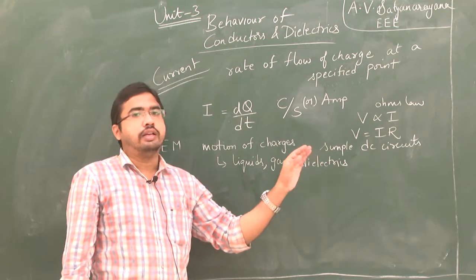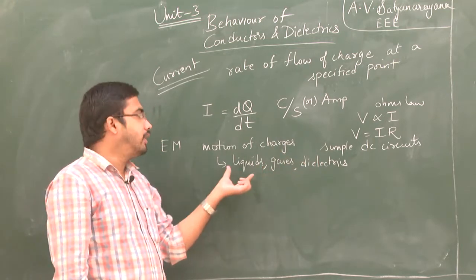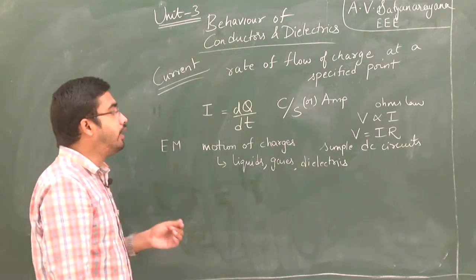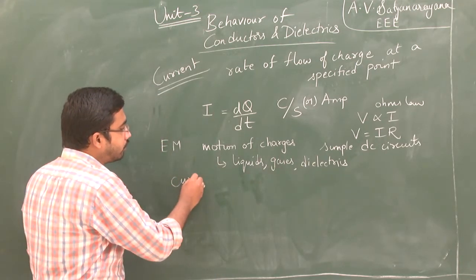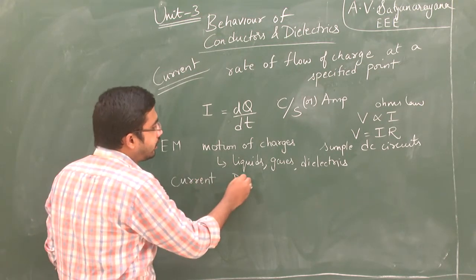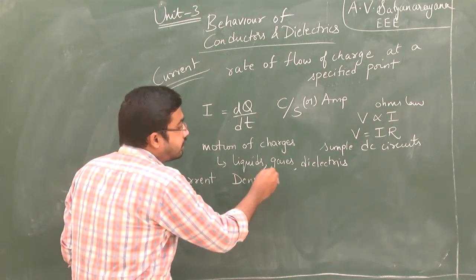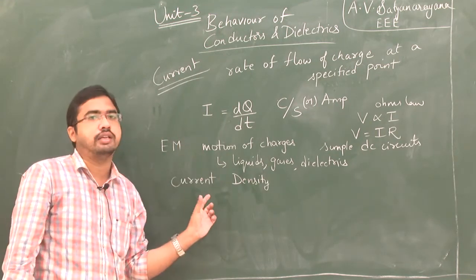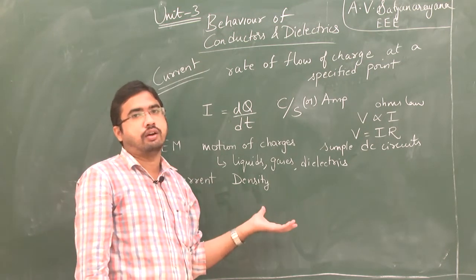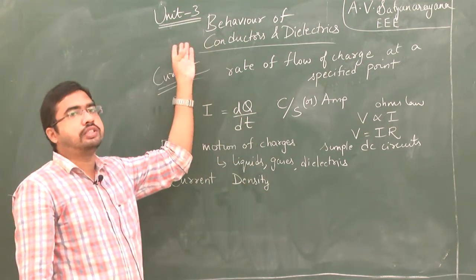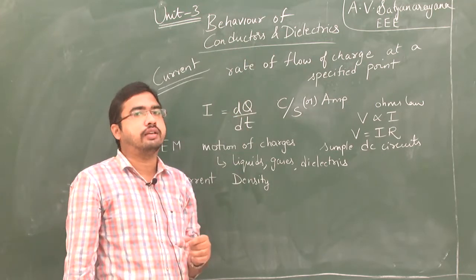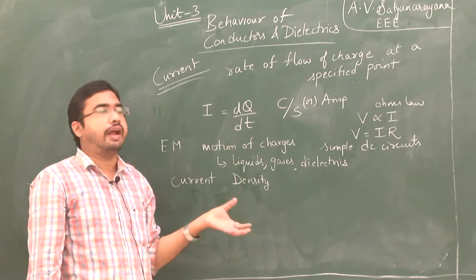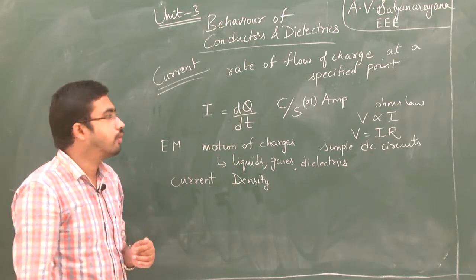So in these advanced studies, we need to know about a new term called current density. Current is different, current density is different. Based on this current density, we will derive the continuity equation and others. So in this unit we will study the behavior of conductors and dielectrics based on the current density of the material and continuity equation derivations.